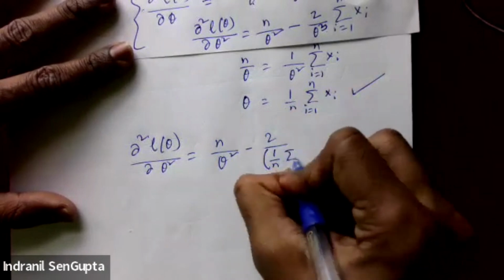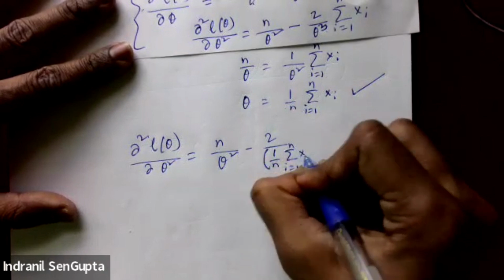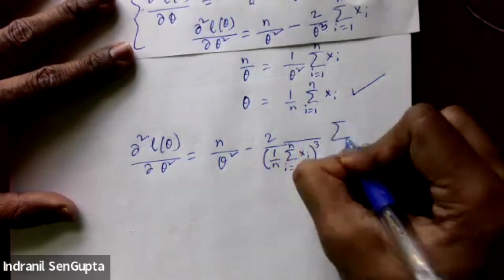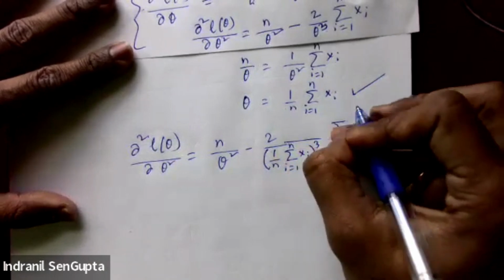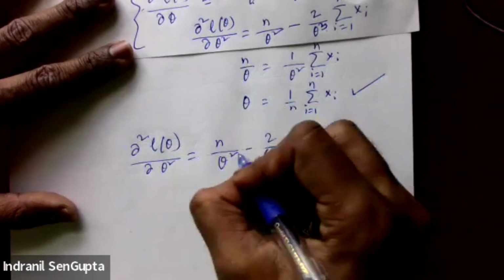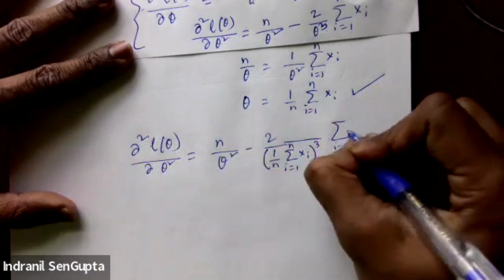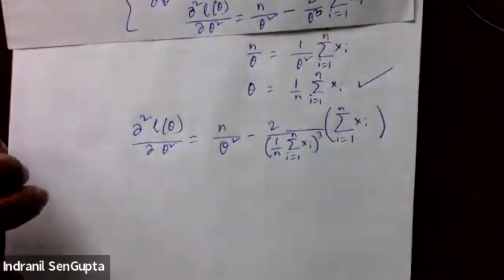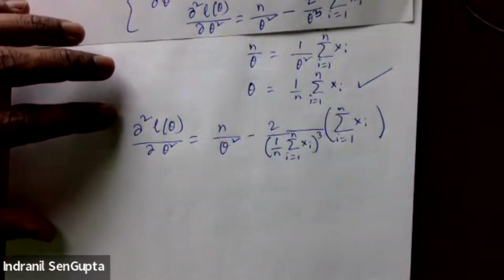So it's 1 over n, the sum from i equals 1 to n of xi cubed. I think it's a little messy, so let me just do it in a little different way. But since I've already done it, I can change it now. Okay, but anyway. So this is this one, right?